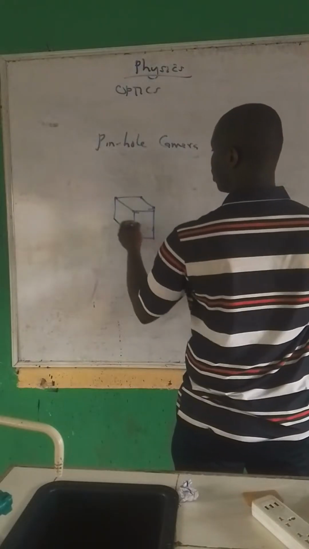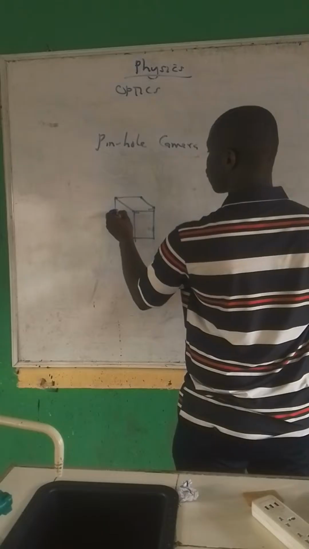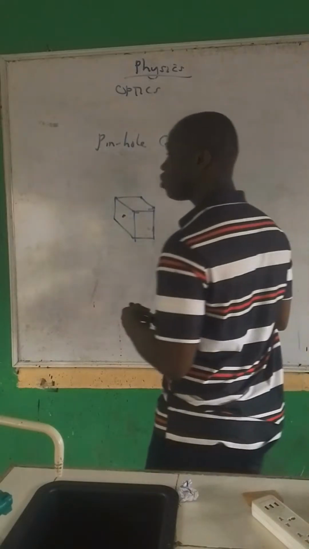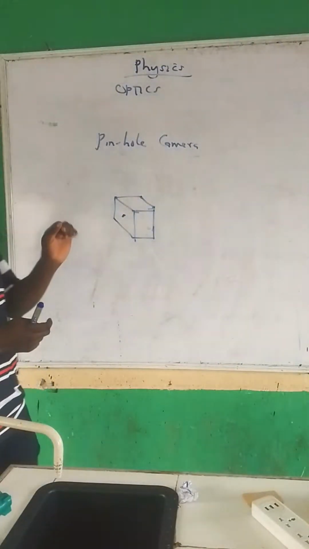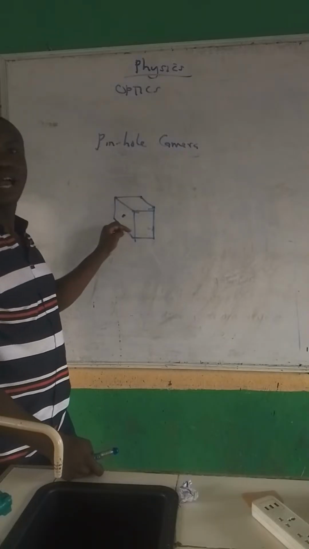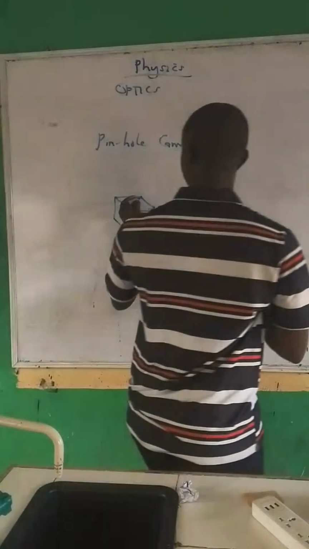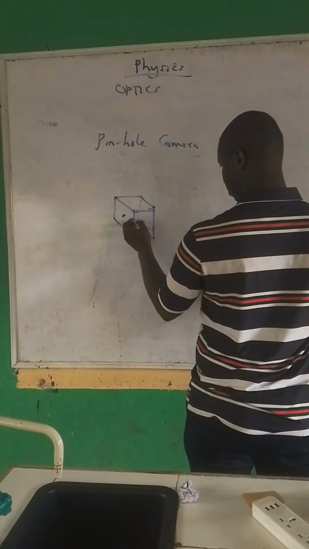On one surface, they will create a hole the size of a pin. Most likely they use a pin to puncture the hole at the center of one of the faces.